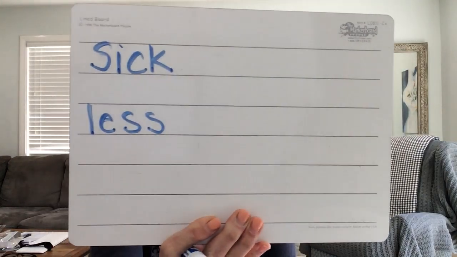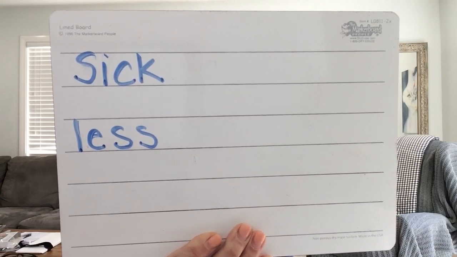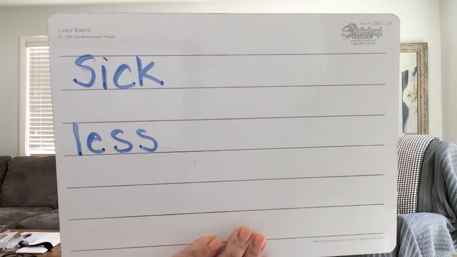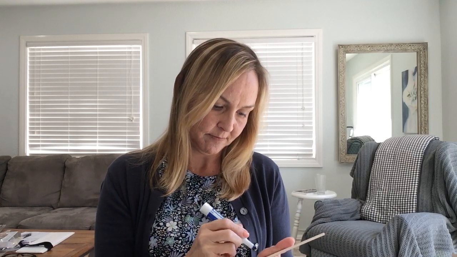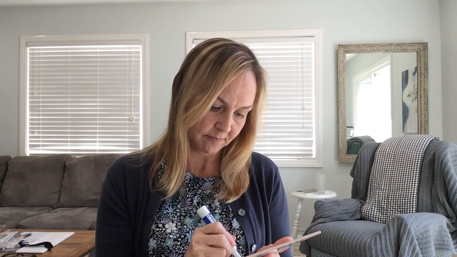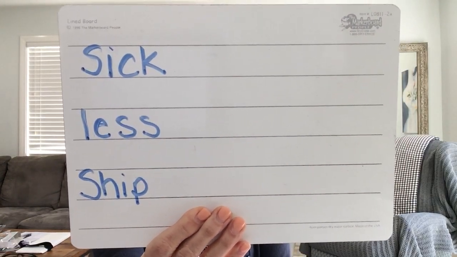Okay, go ahead and correct your word. Next word we're going to touch spell is the word ship. Hands up. Sh, I, p, ship. Go ahead and write it down. And here you go. There is the word ship.